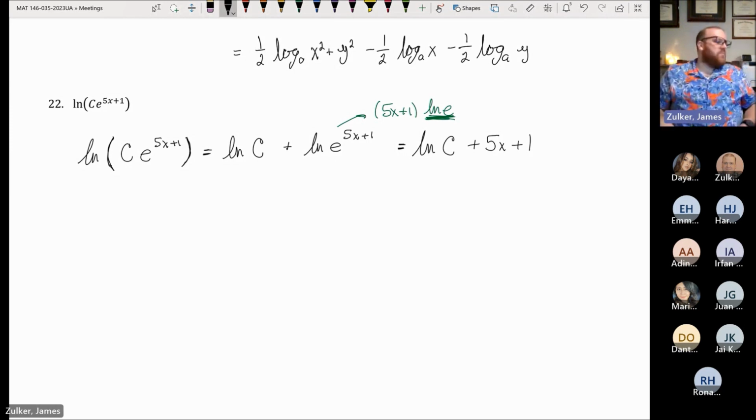Now, there is something we can do if we make an assumption. If we know that c is a constant, then we could simplify this even further.